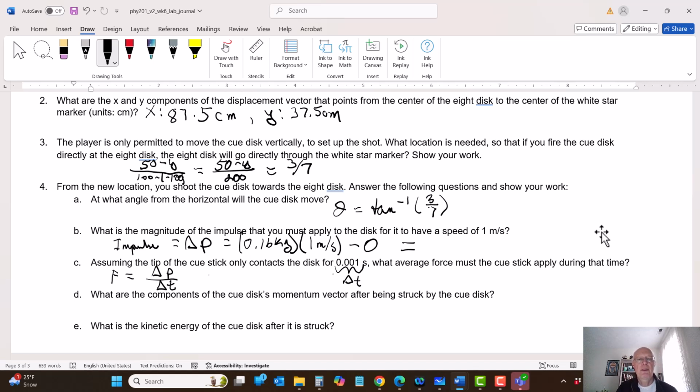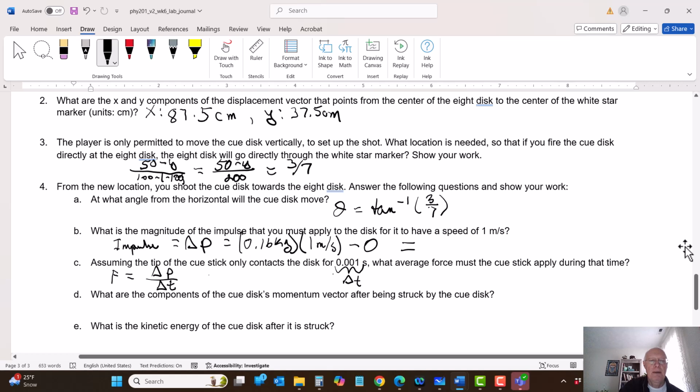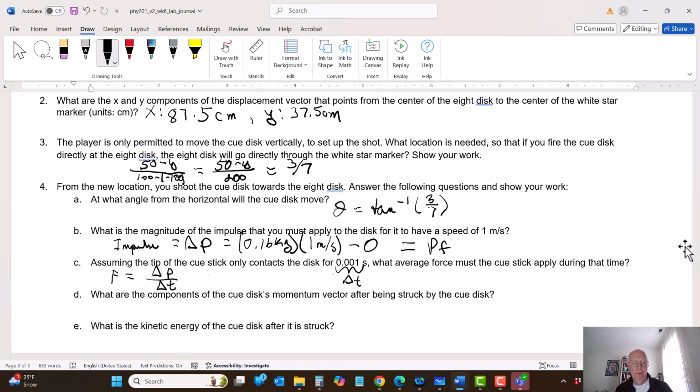What are the components of the Q disk's momentum vector after being struck by the cue stick? Well, you have the momentum, which is just this value. It's just P final, right? Because P initial is 0. So what are the components?